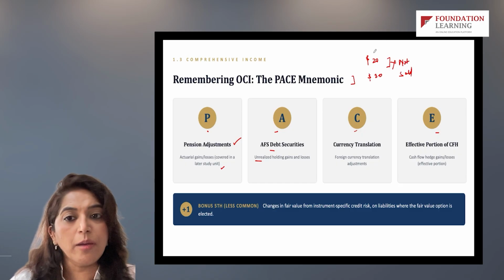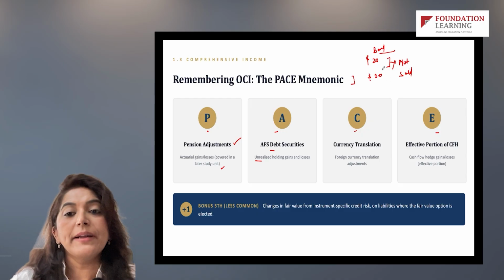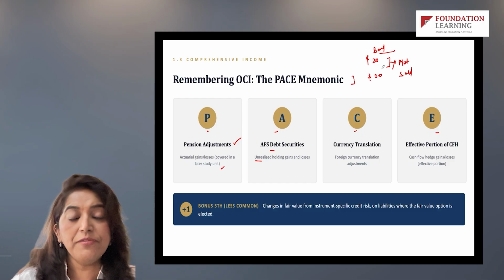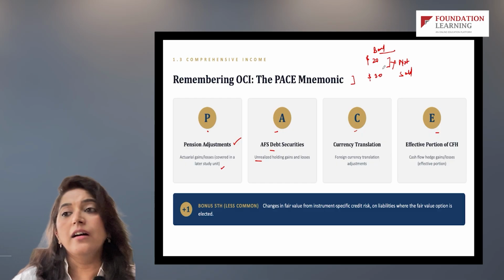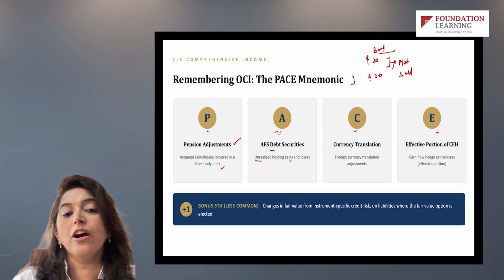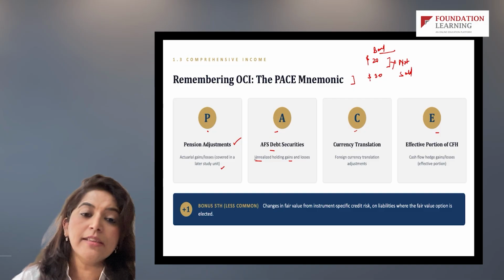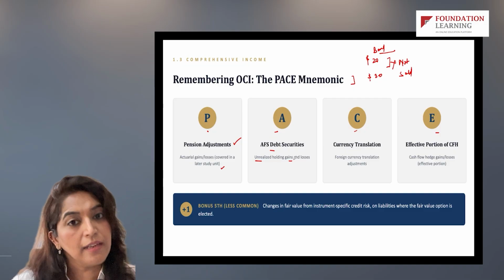And when we are talking about debt security, so let's say we are talking about a bond. So we have not yet sold the security, but this $10 profit, which is the company's unrealized gain, will be parked under A of your mnemonic PACE, available for sale debt securities, unrealized holding gains and losses.